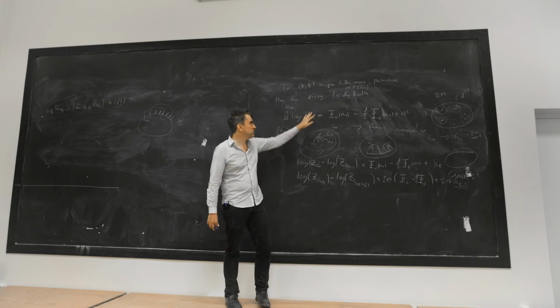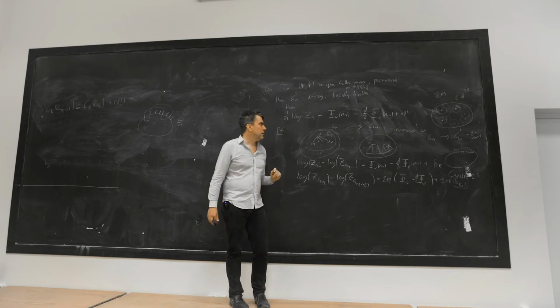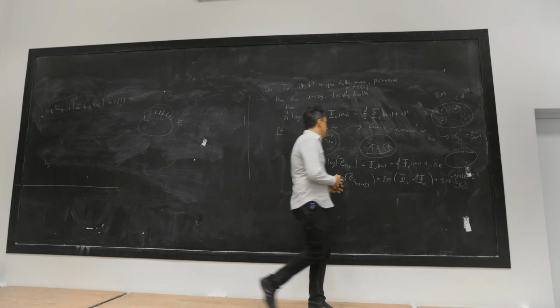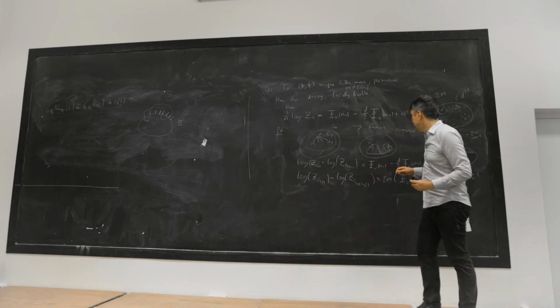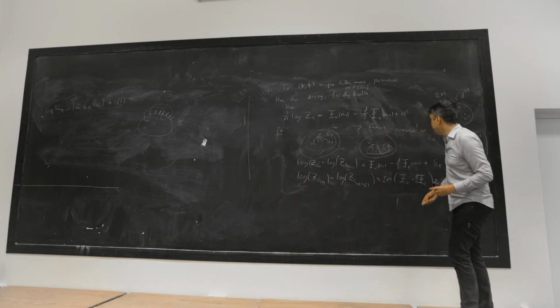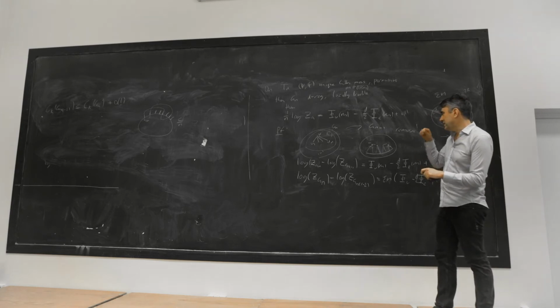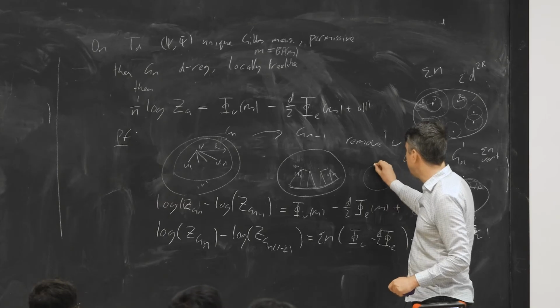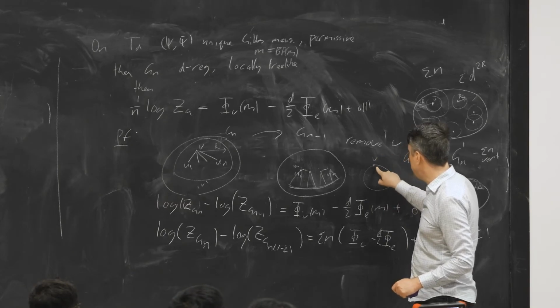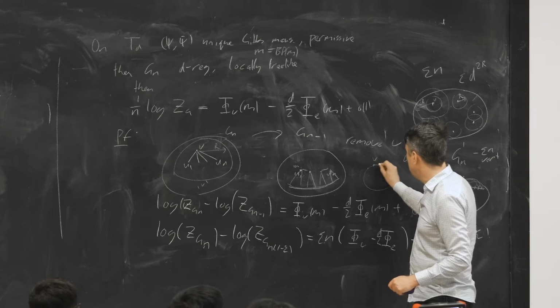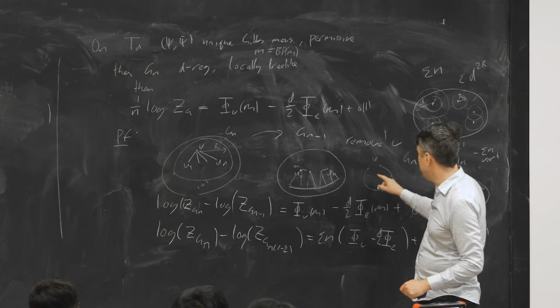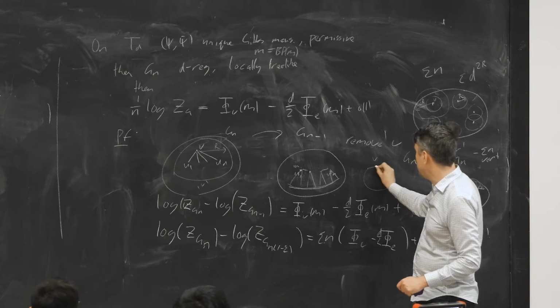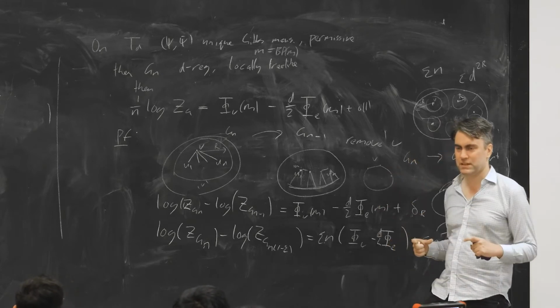On a more general locally tree-like graph, the reason why I don't want to look at them one at a time is that if I have a cycle and I take this vertex and remove it and then match up these half edges, it's possible that I end up with a shorter cycle.